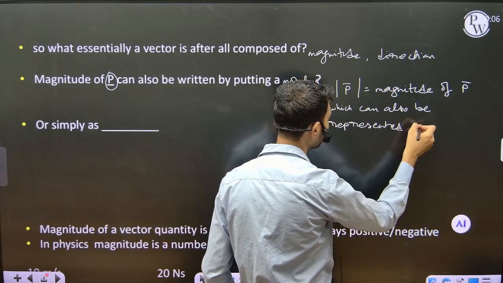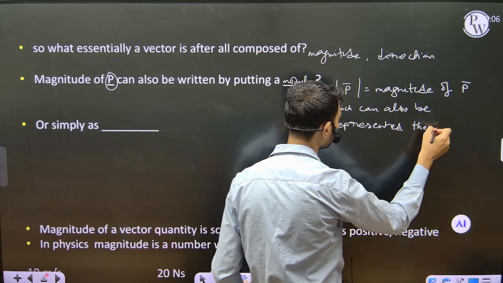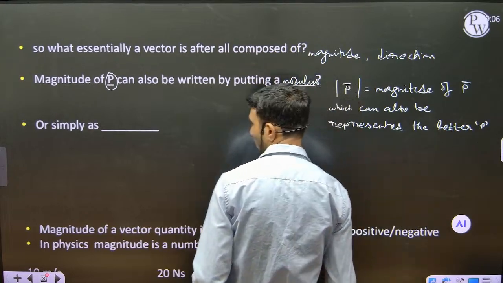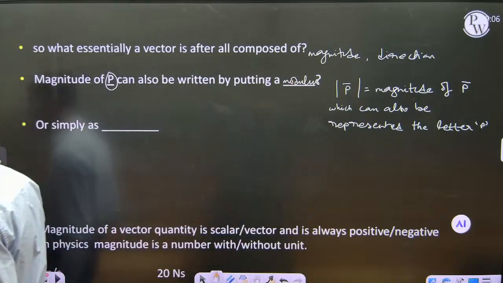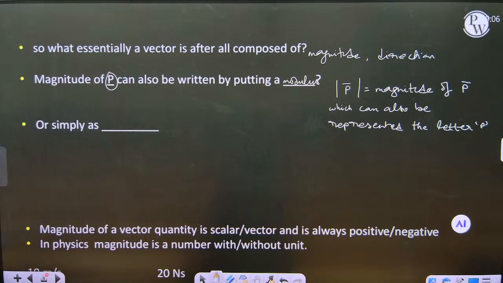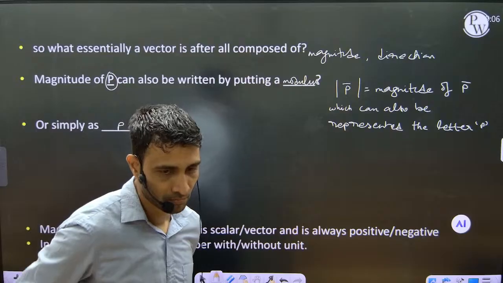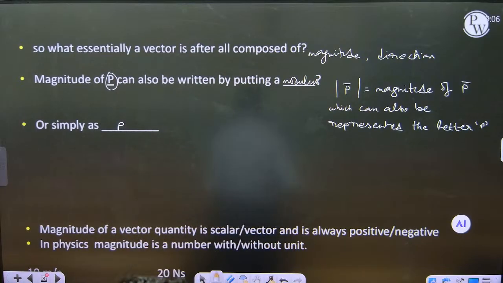It can also be represented by just writing the letter p. P means it is the magnitude of p vector. And how do we get that? By putting a modulus sign.